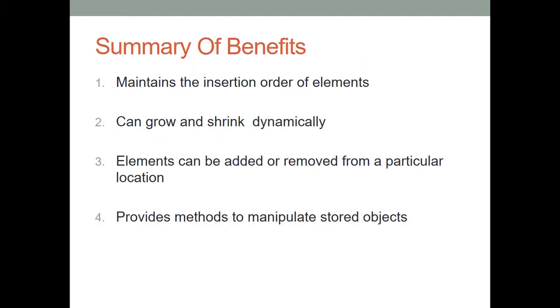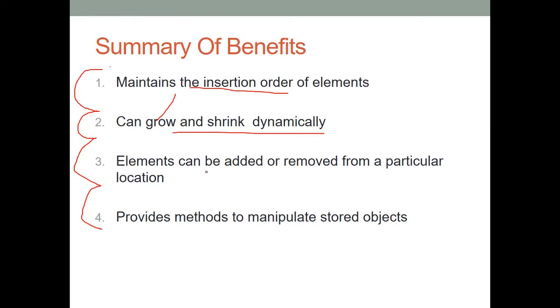Next is the summary of the benefits. Whatever you learned, I am going to summarize everything I discussed today and yesterday. So the summary of the benefits of the ArrayList, the list collection, we can say: it maintains the insertion order, good, and can grow and shrink dynamically, very nice.